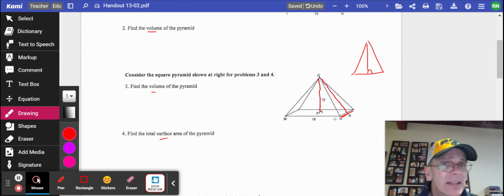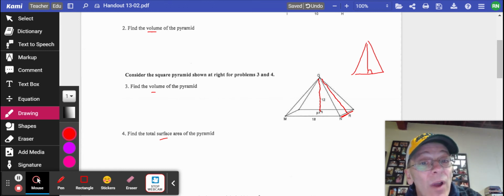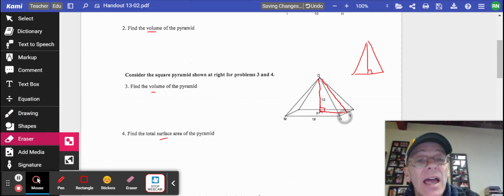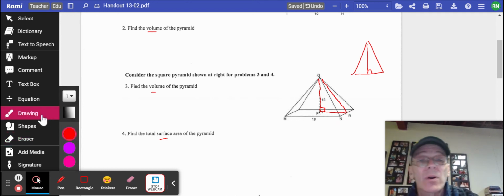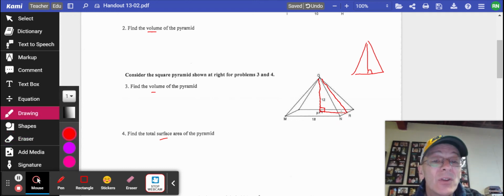How are you going to find that? I didn't give it to you. Same right triangle trick. Okay? Connect that lateral height that you're looking for to the height that I've given you with the side running halfway across the square from the center to the edge, and put your Pythagorean theorem to work. Okay?